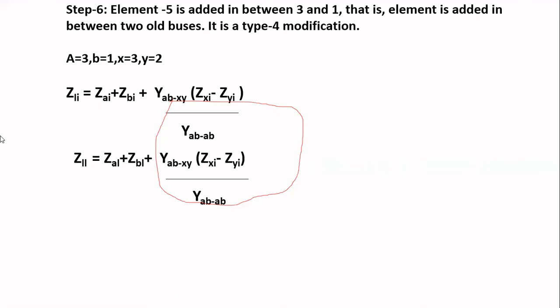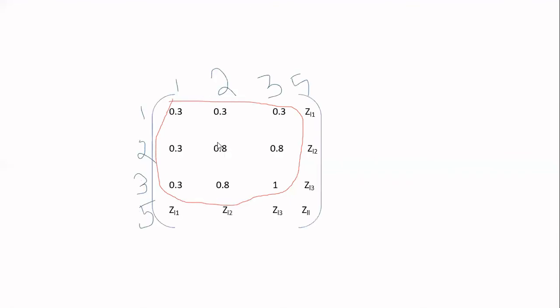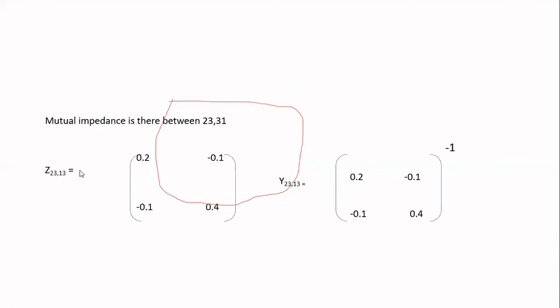We have other formulas for that link and the branch when mutual impedance is there. First write down those formulas. After writing these formulas, first we form the ZABXY matrix.